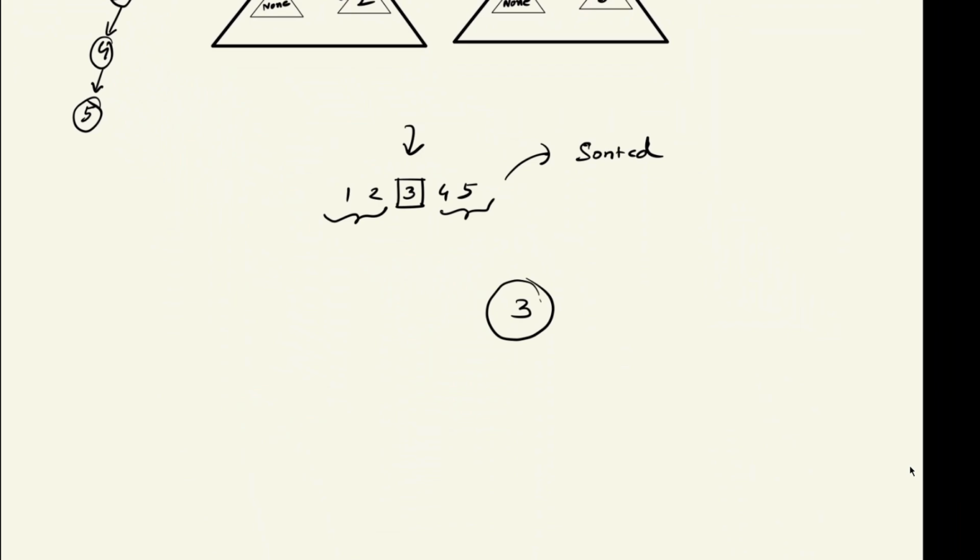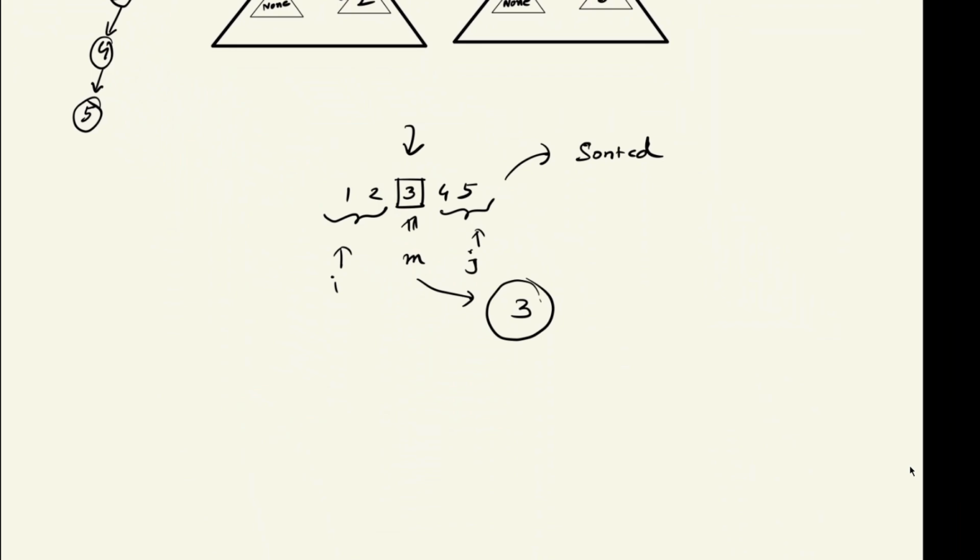Now we have the similar problem for this left part of the tree, right? So what we'll do is create a pointer here, which is i, and create another pointer here, which is j. So we will simply get the mid and set it as our root node. Then our task is to just do the same thing for the left subtree.